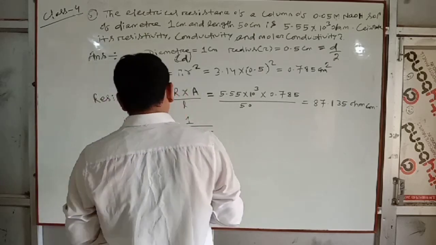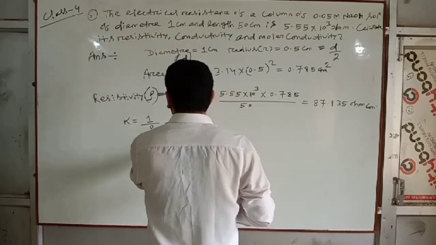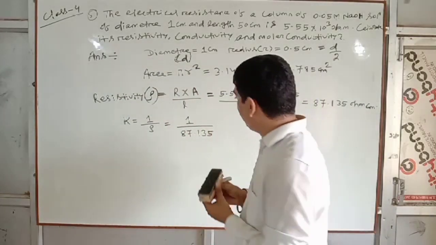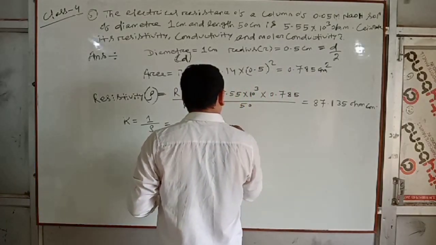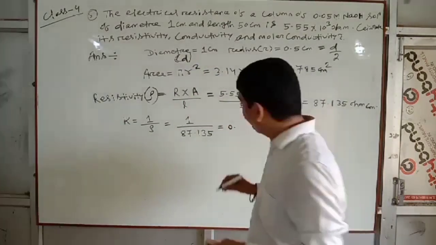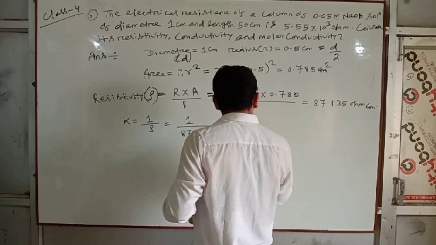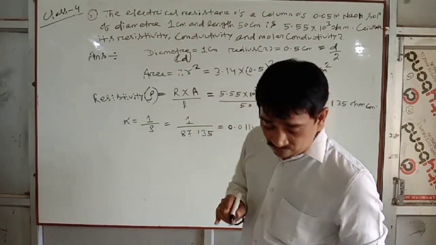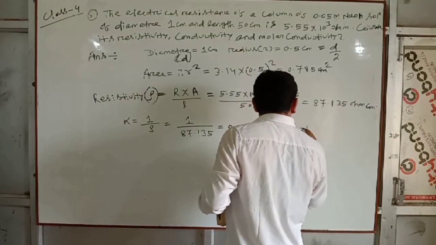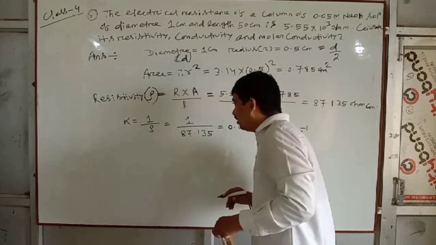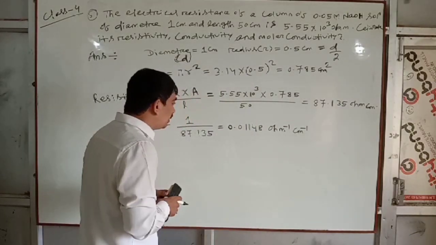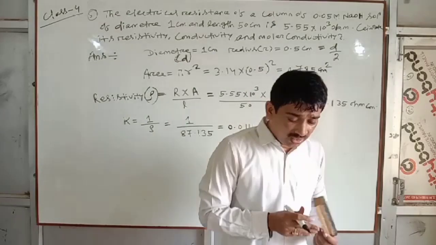This is kappa. This value will come 0.01148 ohm inverse centimeter inverse.